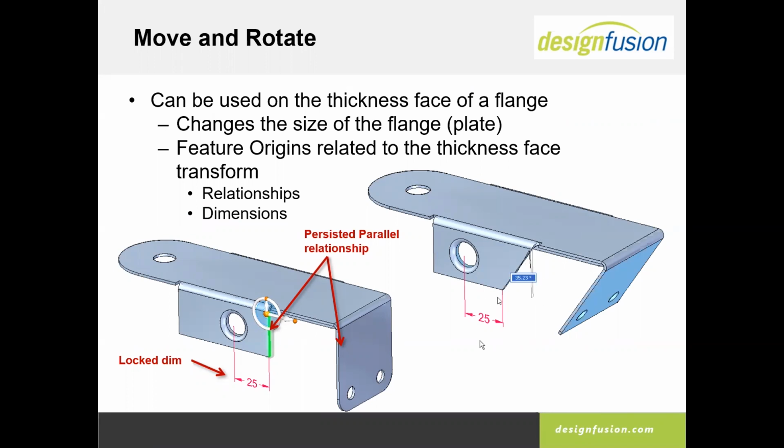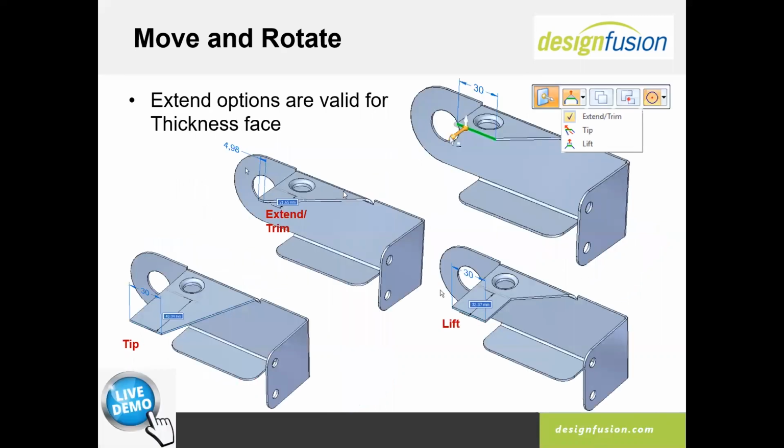So all the dimensioning and relationship rules that we showed you with the synchronous parts also apply to the synchronous sheet metal, as do the move and rotate options. If you remember, there were the three options: tip, extend/trim, and lift. So let's have a look at these just to remind you of them.